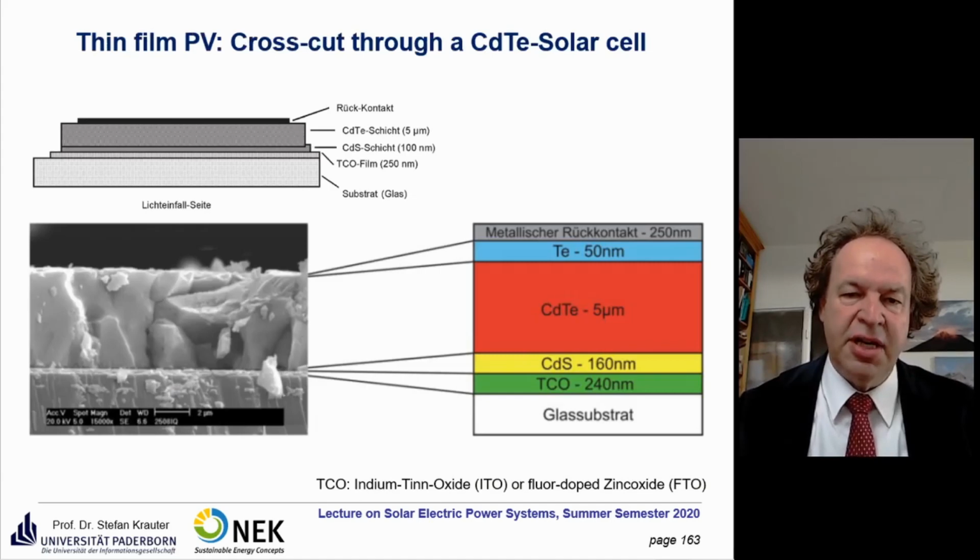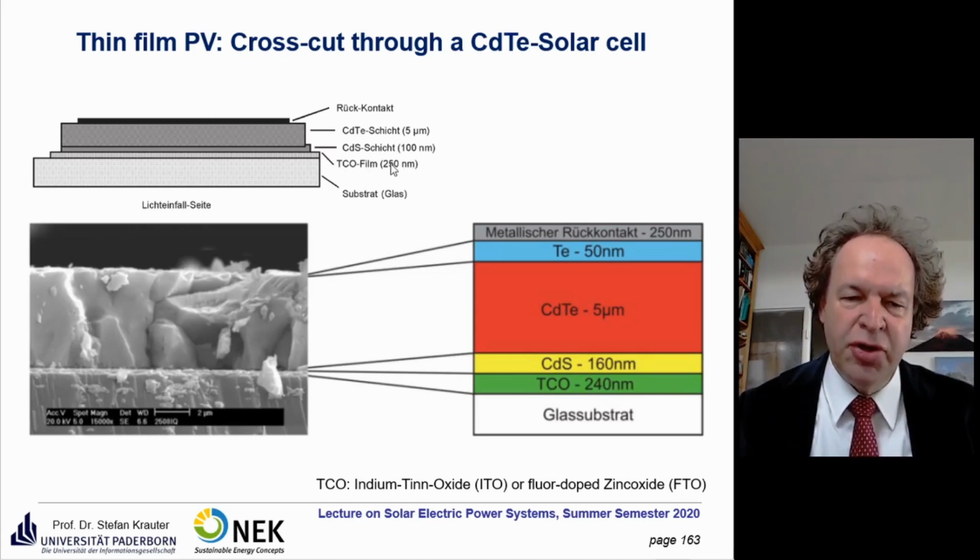Here you see a cross-cut of such a cadmium telluride solar cell or solar module. Due to the thin film technology, it's kind of integrated. The cells cannot be separated from the module. Here is the setup. This is where the light comes in. This is a glass, and then you have a TCO film, which means transparent conductive oxide. So instead of a contact, you have a kind of oxide.